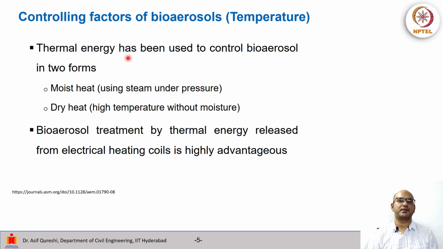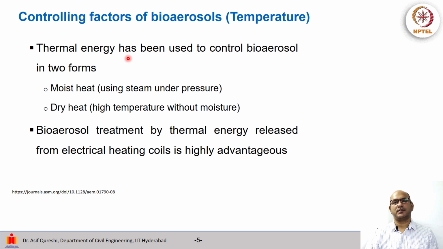However, if the temperature is much higher, then the bacteria or the microbe may not survive. The temperature and the survival depends on which microbe we are talking about. So the bioaerosols may be influenced by the temperature of the indoor air. But if we increase the temperature more, maybe they will not be able to survive.